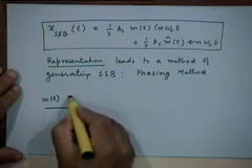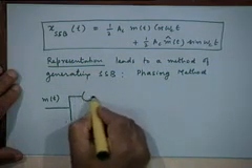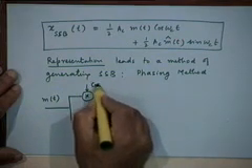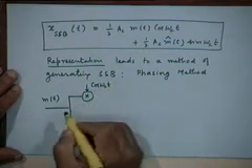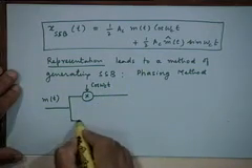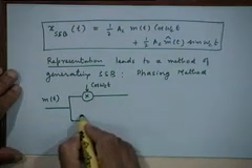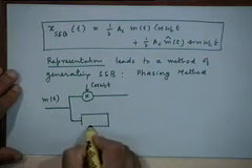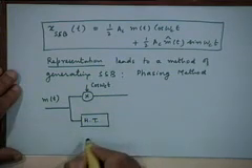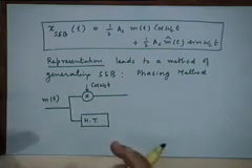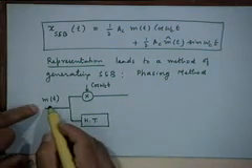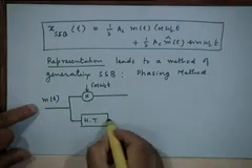So you have two branches, mt, you have a carrier component cosine omega ct, right? And that's one branch. In the lower branch, before you do this multiplication, you have to do a Hilbert transformation, which is what? It's a minus 90 degree phase shifter for all the frequencies present in mt, right?